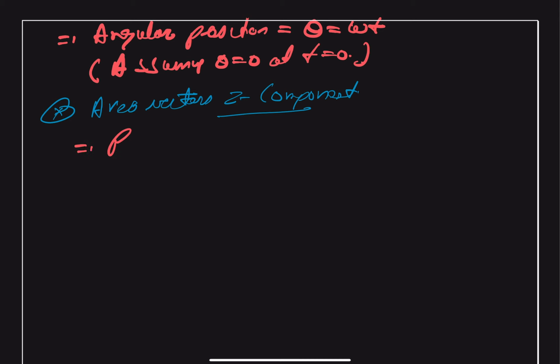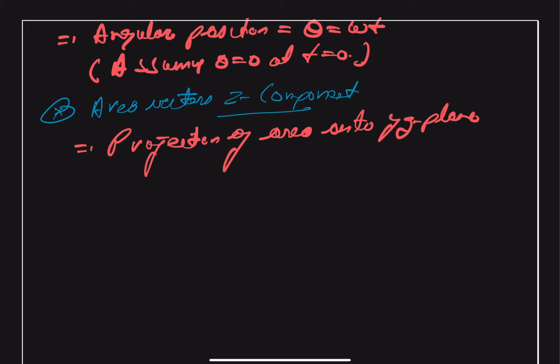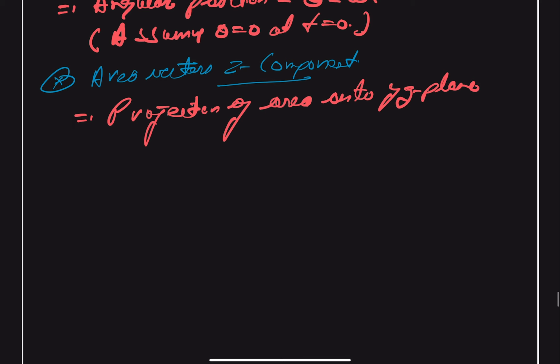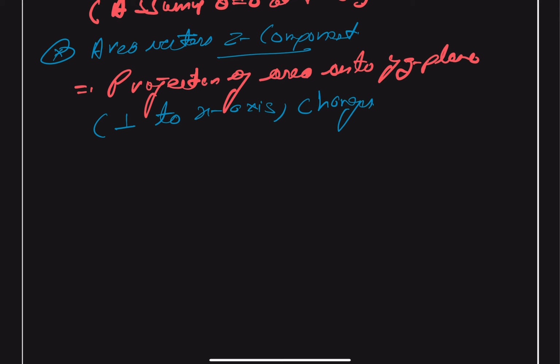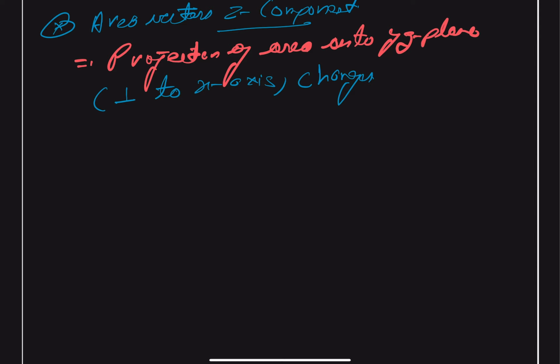So you can say that the projection of area onto the yz plane, which is nothing but perpendicular to the x-axis, changes because it is going to rotate, but the effective area is perpendicular to B.